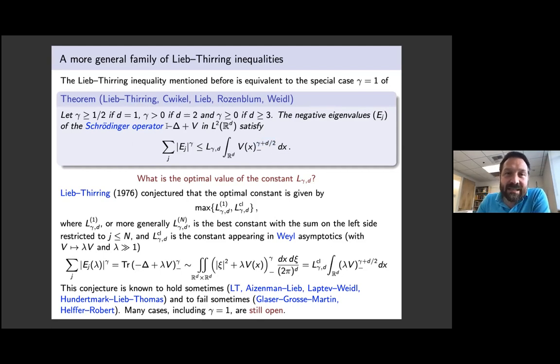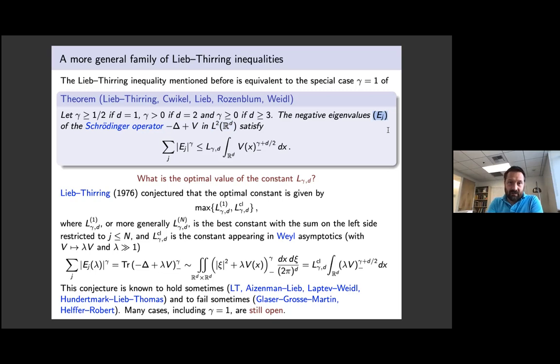So what is this other family of Lieb-Thirring inequalities about? You're looking at a 1 particle Schrodinger operator in your Hilbert space, L2 of Rd, and the potential goes to 0 at infinity. And then the negative spectrum is discrete and consists of eigenvalues Ej, which are either finite in number or accumulate at the origin.